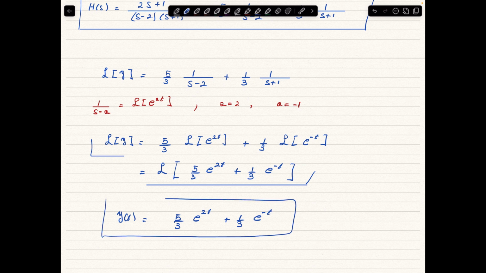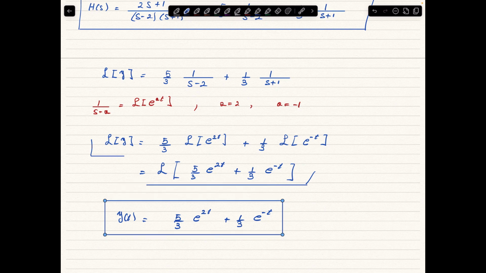So this is how we use the Laplace transform method to solve an initial value problem for a second order linear differential equation with constant coefficients, and that is homogeneous.